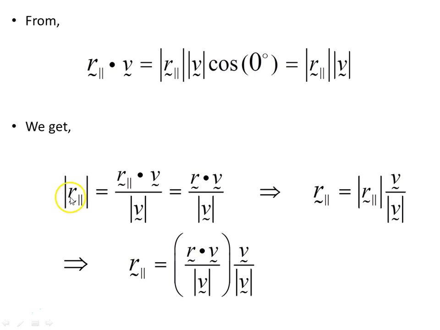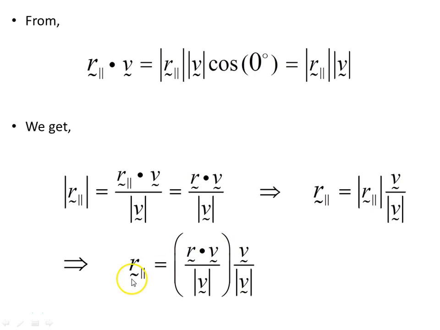So the scalar part of the vector R parallel is R dot V over the modulus of V, and that implies that the part of R that's parallel to V can be expressed as its scalar, the modulus of it, times this unit vector here, because this is the vector V over the modulus of V, so this gives us a unit vector in the direction of V, which is, as we know, parallel to the parallel part of R. So the parallel part of R, that vector part, is its own magnitude times this unit vector here.